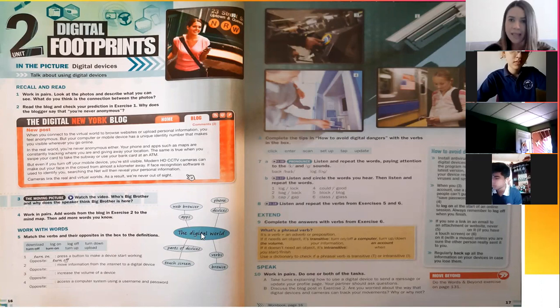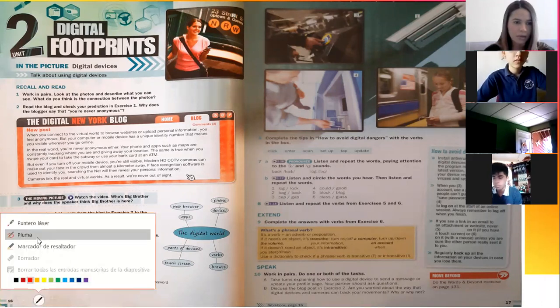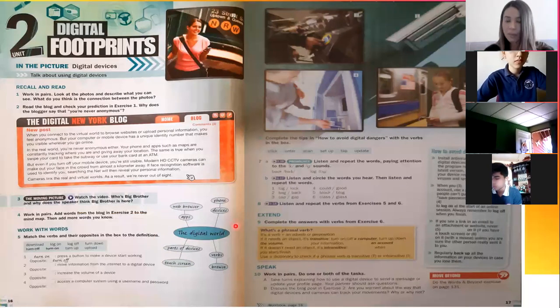The main idea, la idea principal, goes in the middle. Cuando hacemos mapa mental, la idea principal va en el medio. Yes or no? Porque ustedes ya han hecho mapas mentales, ¿verdad? Mind maps. Yes. So the main idea is in the middle, like here.